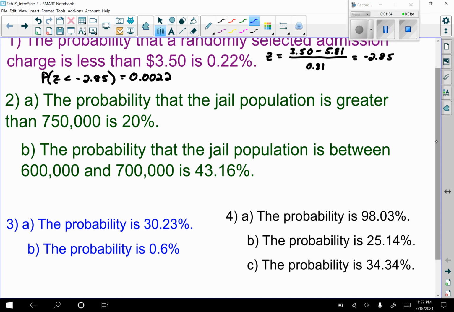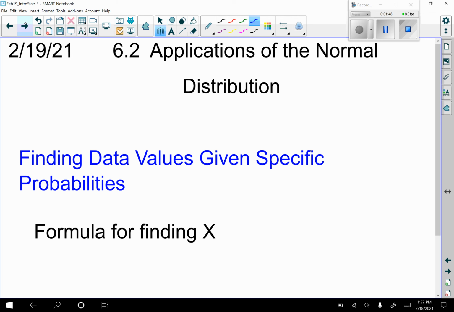All right, the second part of section 6.2, we're still working with applications of the normal distribution. However, we are going to have to rearrange, find the other missing parts of the formula to find the z value. So here we're going to find data values given specific probabilities.